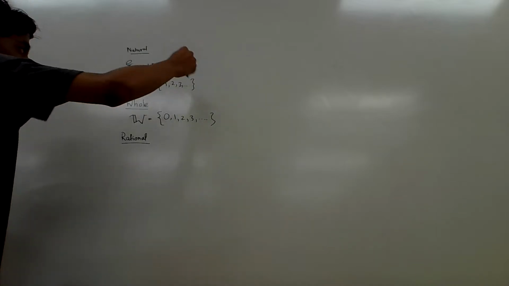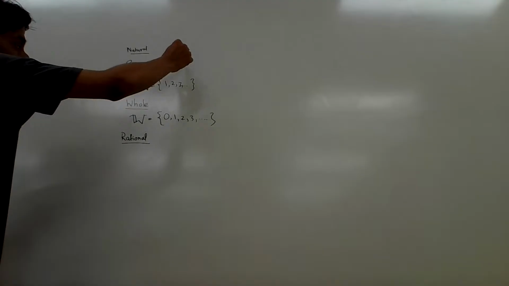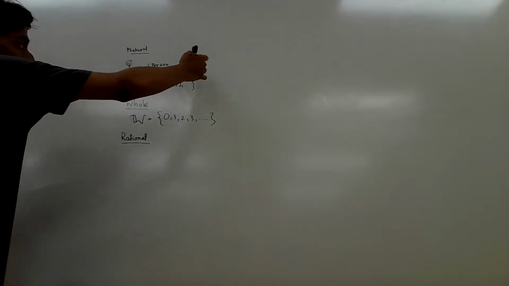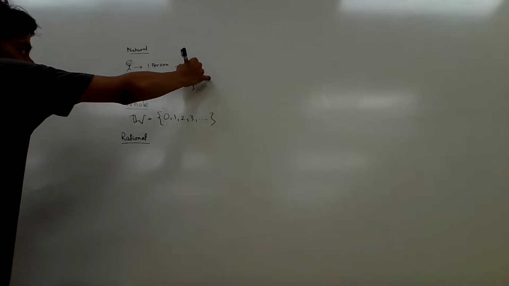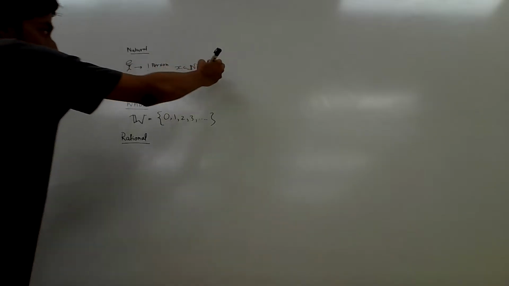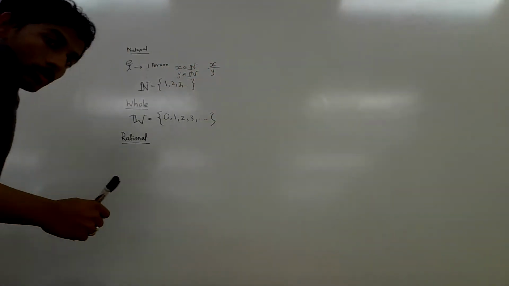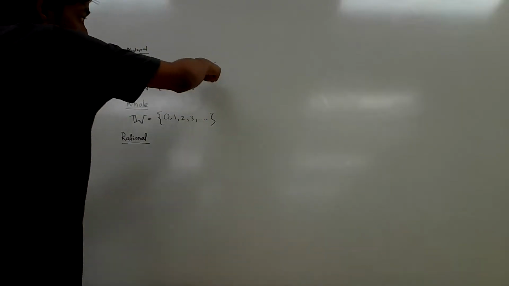Say x belongs to the natural numbers, and you also bring another y which also belongs to the natural numbers. They can be anything, and now you wish to divide x by y. Not every time will you get a natural number.